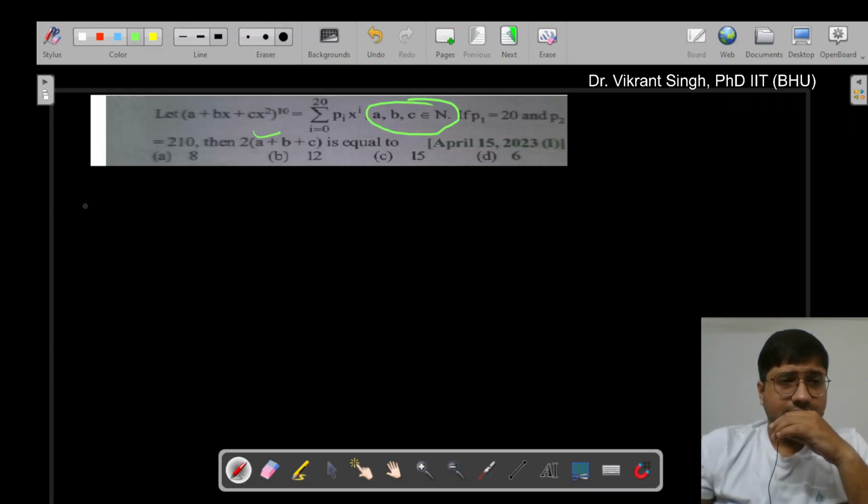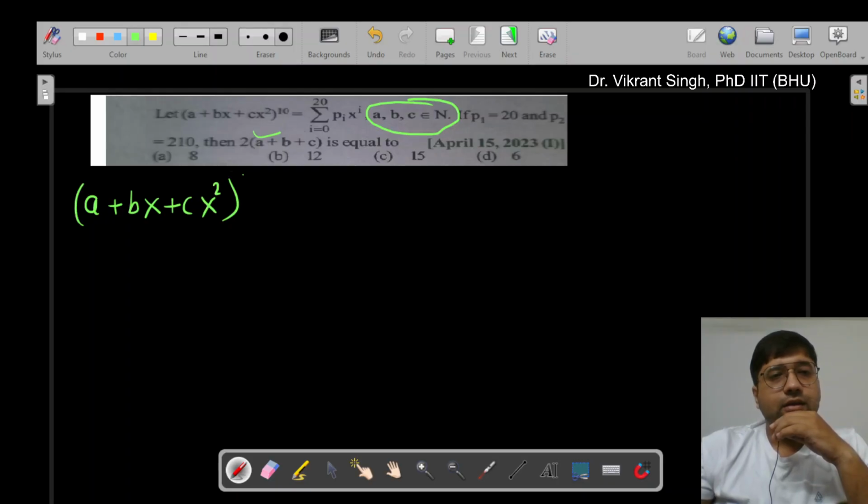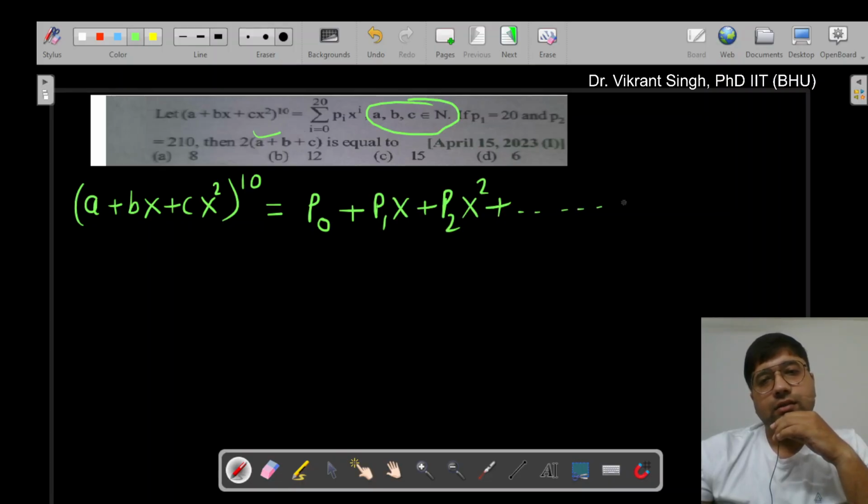Simply we can write, just for reference, that (a + bx + cx²)^10 is equal to p0 plus p1x plus p2x² up to p20x^20. Simple.